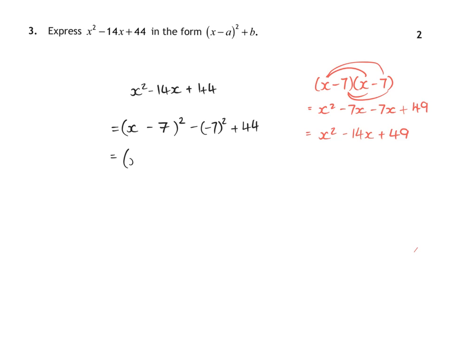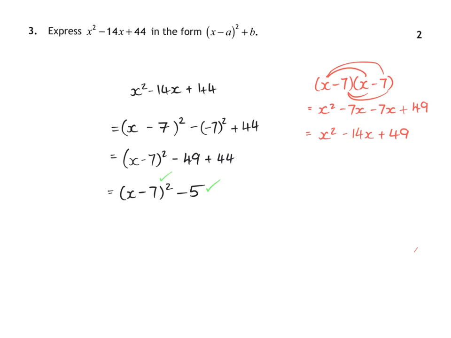So we've got x minus 7 squared minus 49, because minus 7 squared is 49 and we're still subtracting it, plus 44. So we get x minus 7 squared minus 5. Okay, so for this question, your marks are for having the correct bracket with the square, and then for completing the process to get the minus 5.